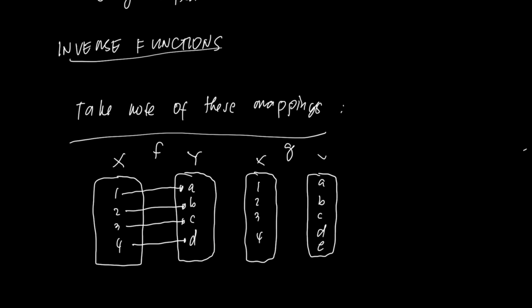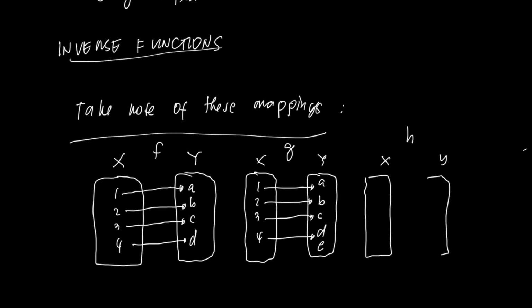This is x, this is y. 1 is mapped to a, 2 is mapped to b, 3 is mapped to c, 4 is mapped to d. Then we have h, x, y, 1, 2, 3, 4, a, b, c, d. 1 is mapped to a, 2 is mapped to a, 3 is mapped to c, and 4 is mapped to c.